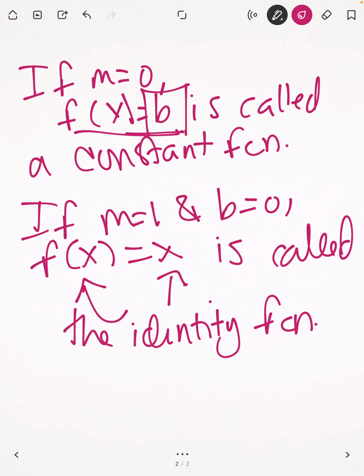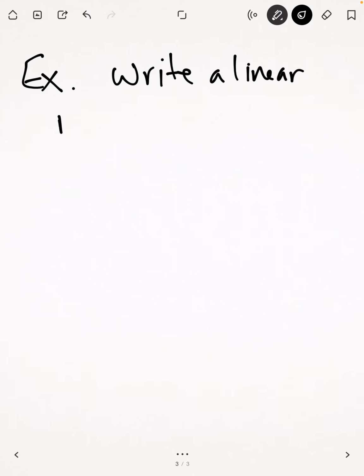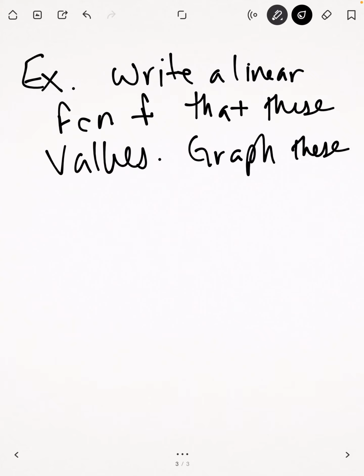Let's look at a couple of examples. Write a linear function f that has these values. After you do that, graph these linear functions.